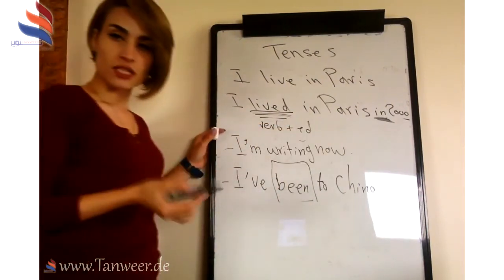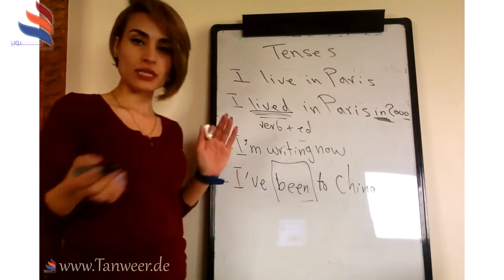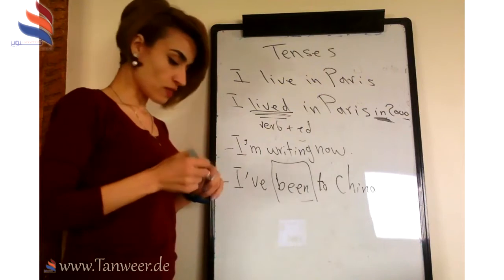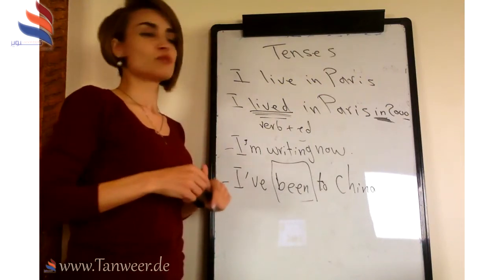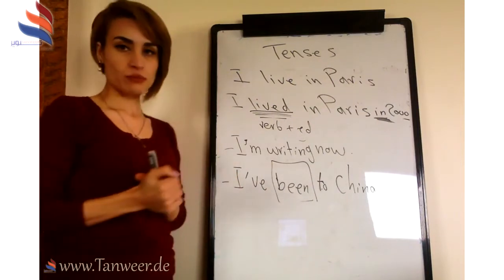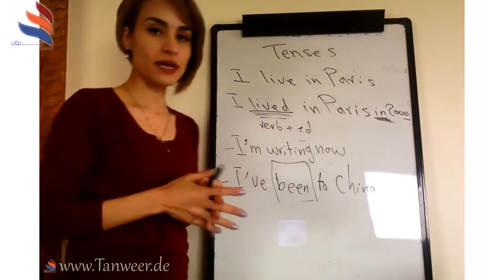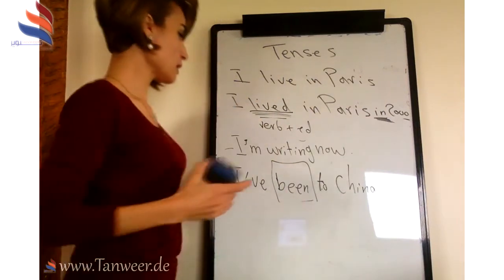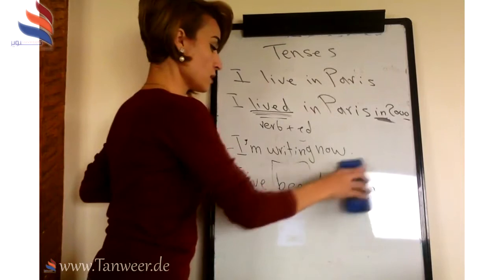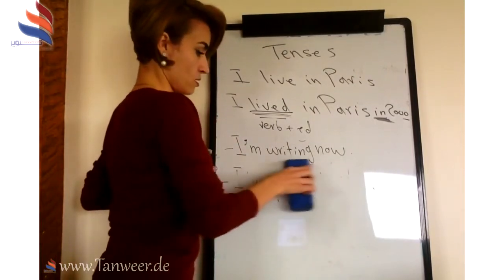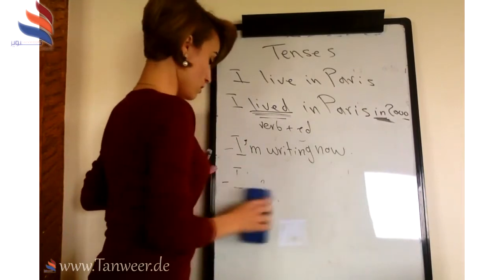If it's irregular, you know the list. I already told you about the list. We have a list of irregular verbs. You need to find them, memorize them, and practice using them, because practice is the only way that can help you to remember them. Okay, this is simple past, and I'm sure you know how to make the negative. You know, don't you?